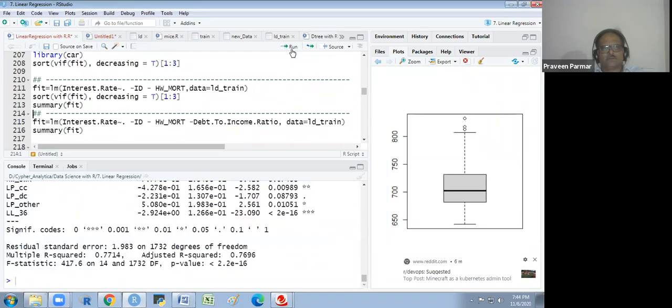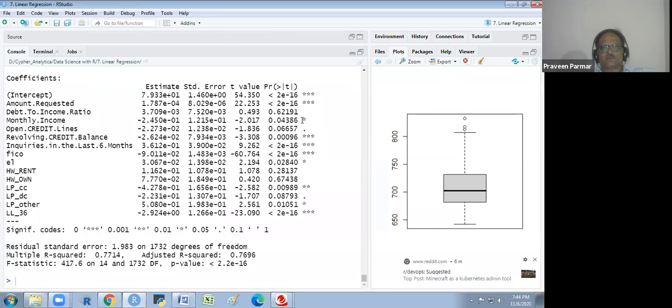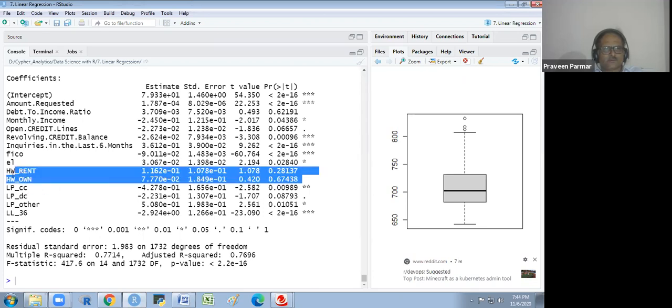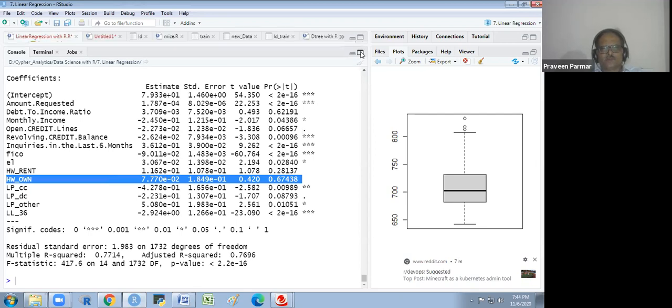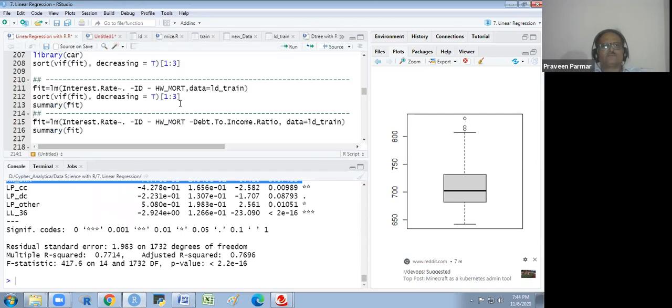Everything is controlled. Now we see this. So here we see 0.62 and then 0.67, house owner. Okay, 0.67 we are taking.